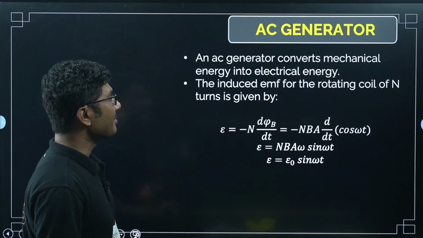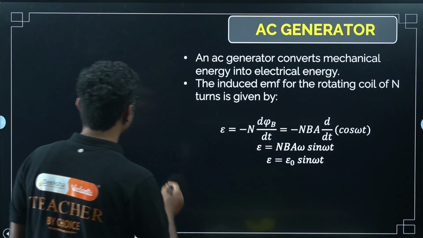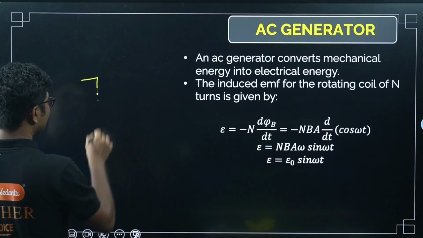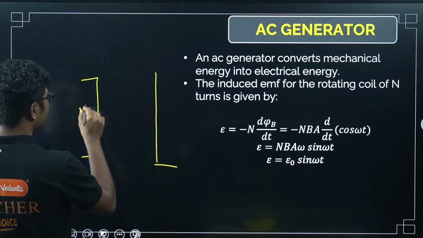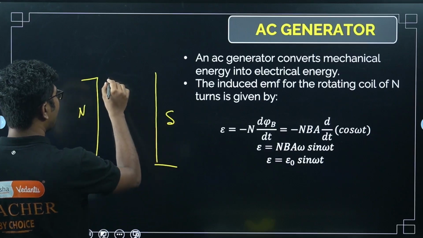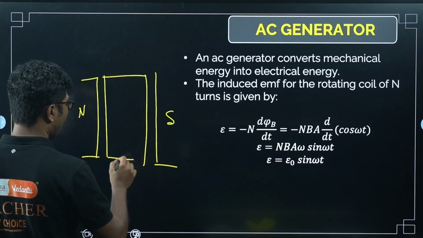The induced EMF for the rotating coil of n turns is given by, so what is the structure, you can check in your books. There is a north pole, there is a south pole, and we have a coil passing through inside.